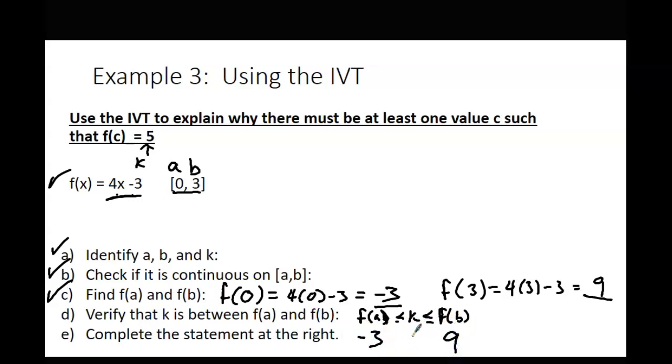And what was k? 5. Is this true? Yes. Check. Okay, we're good. So, found a, b, and k. We know it's continuous. There's no holes, gaps, or jumps. We know the y values go from negative 3 to 9, and therefore the k value that we want is in fact between there. Now we write our answer.